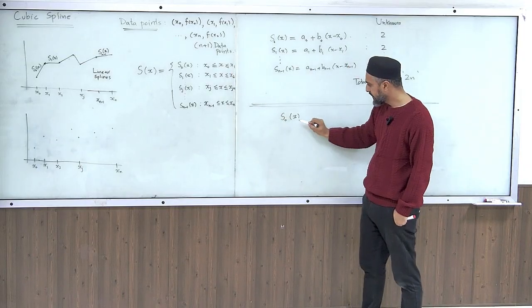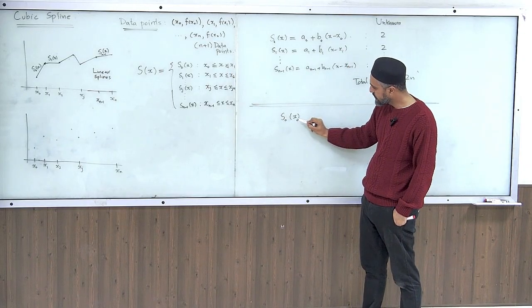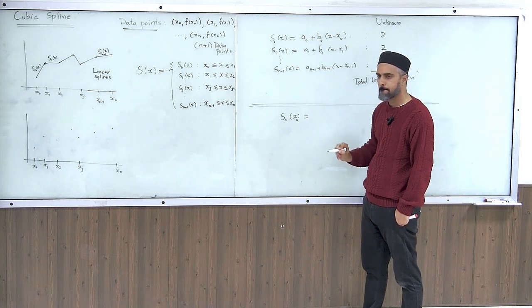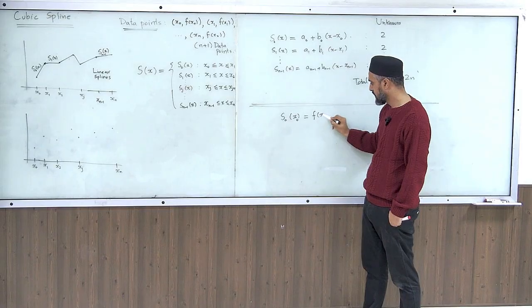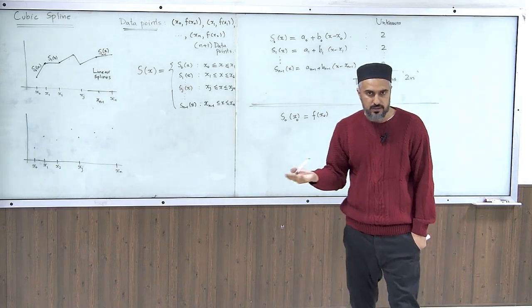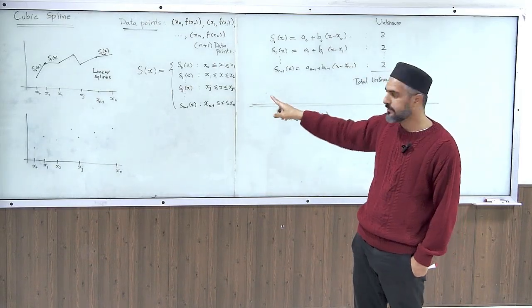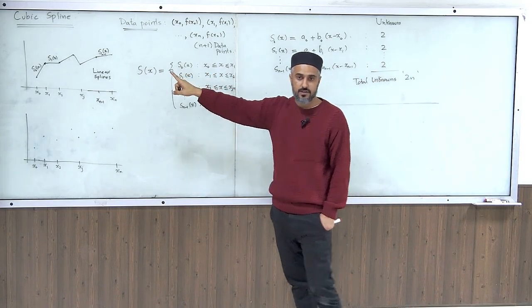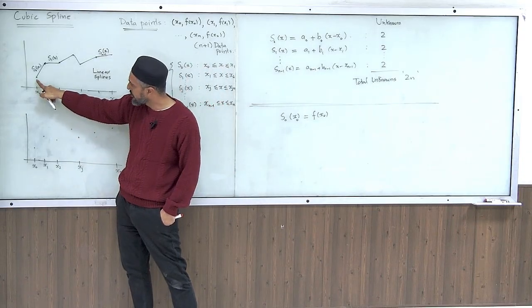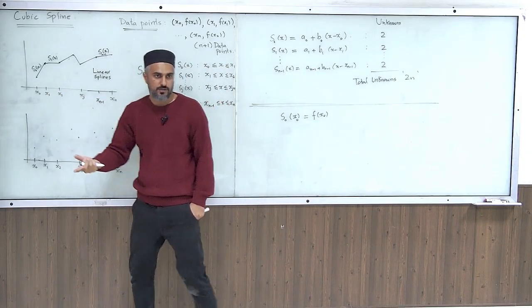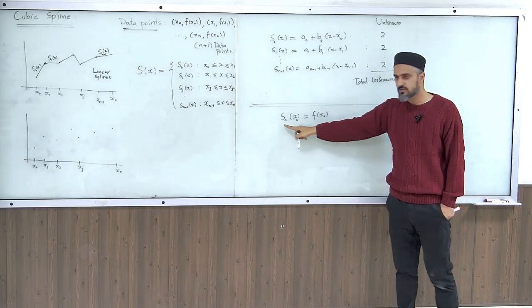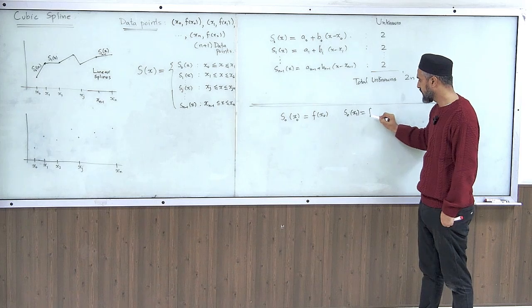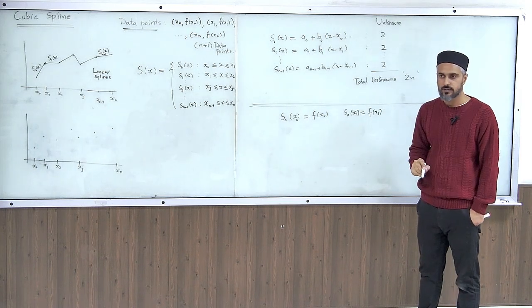Now if I write s naught of x naught, what is the value? This is f of x naught, because in this topic the function we develop always satisfies the given data. And since the validity of s naught is from x naught to x1, s naught of x1 will give you the answer f of x1.